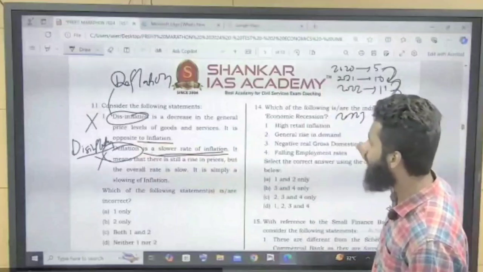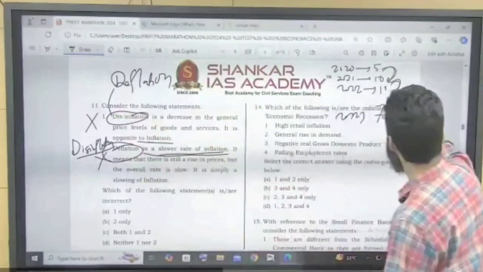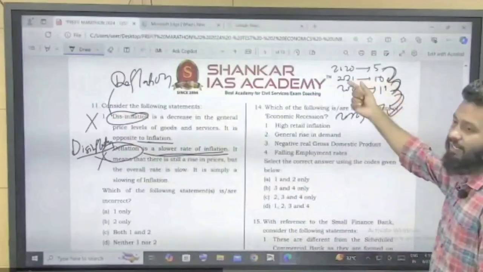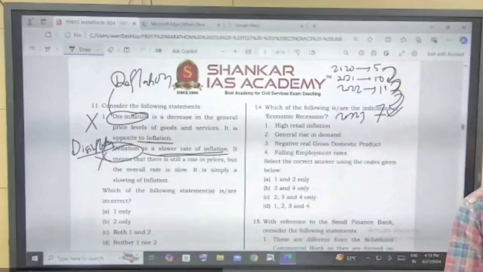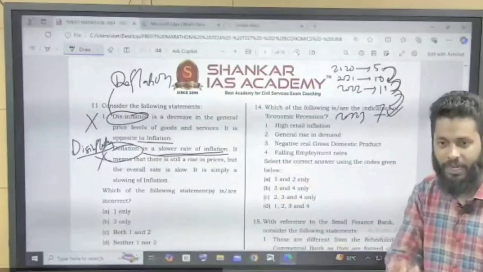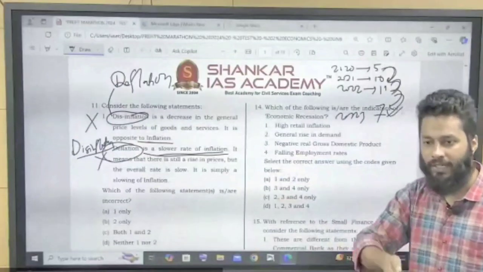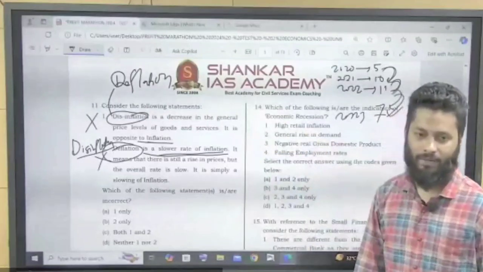This is known as deflation. But disinflation is a slower rate of inflation. Slower rate of inflation, disinflation. And decrease in the value, opposite to inflation, that is deflation, right?